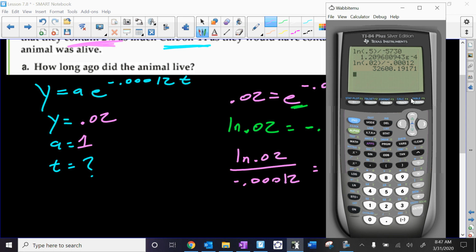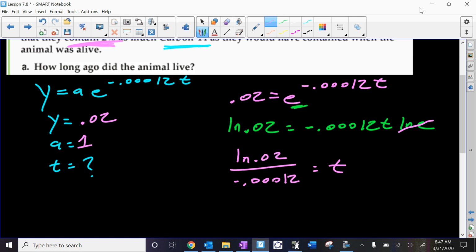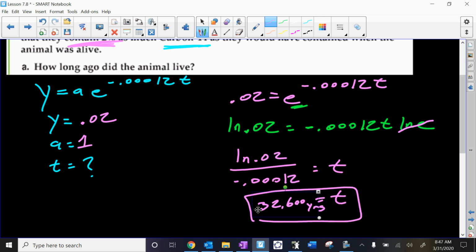It's going to get me, big year, about 32,600. We'll go to the nearest year. So about 32,600 years. Put in my label in there. That's how long it would take to go from 100% all the way down to 2%.